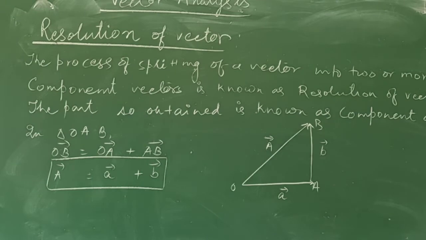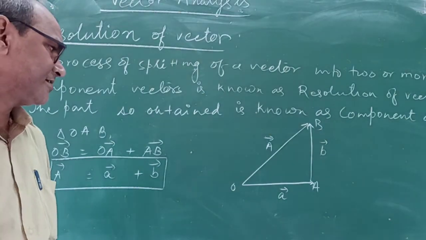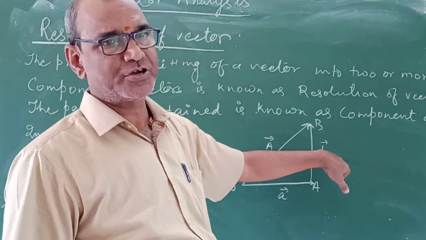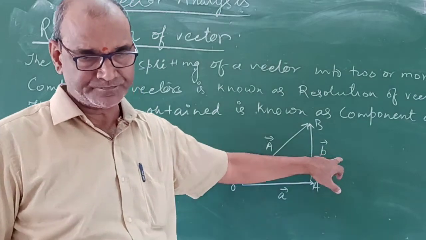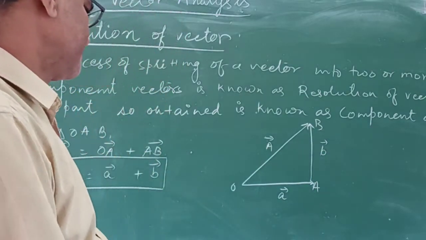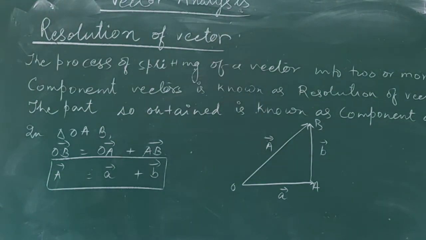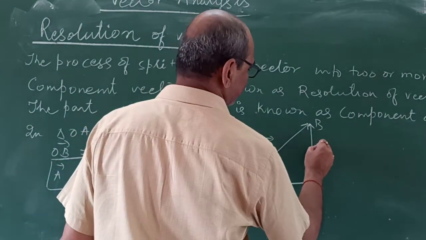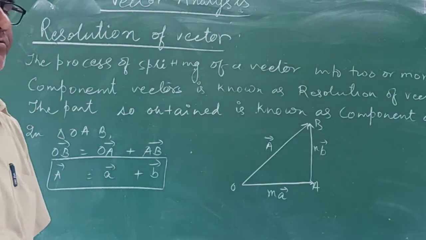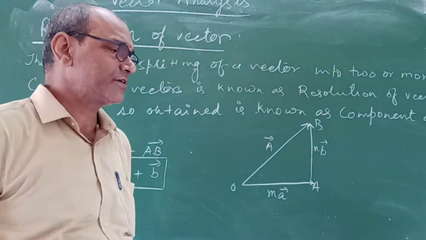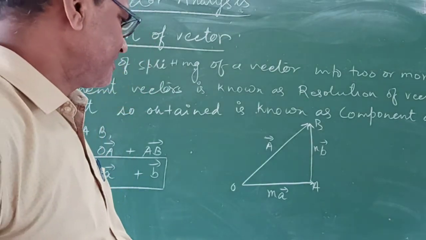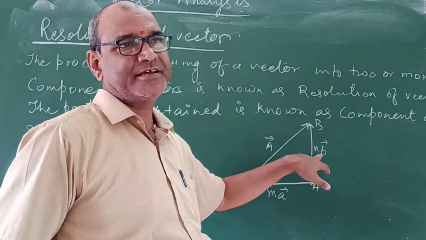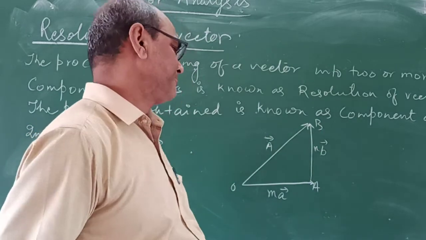If we write vector R, then it can also be written as vector a plus vector b. Is it clear? Now vector a is multiplied by m and vector b is multiplied by n. From scalar multiplication of vectors, it becomes m times a and n times b.